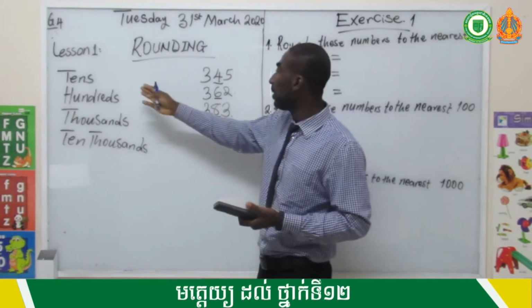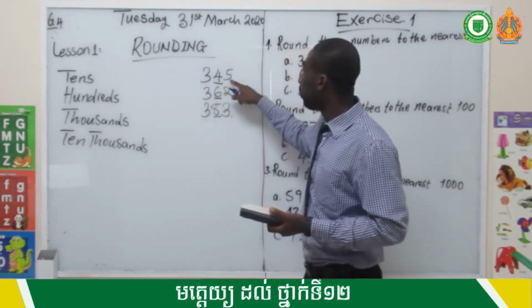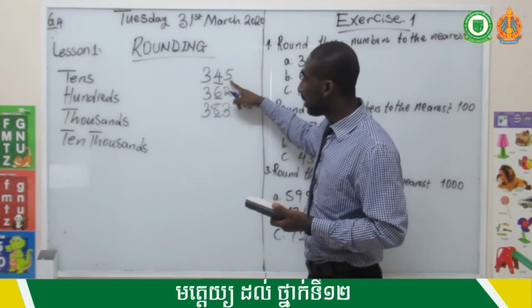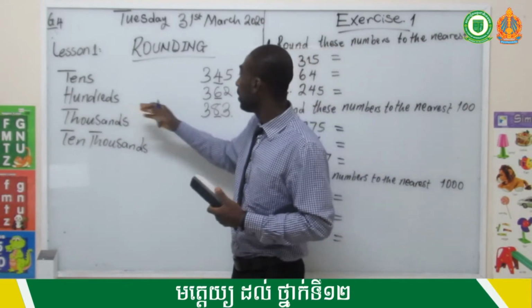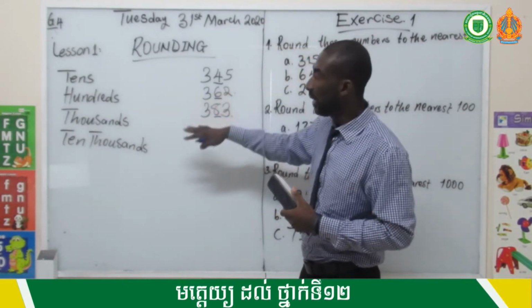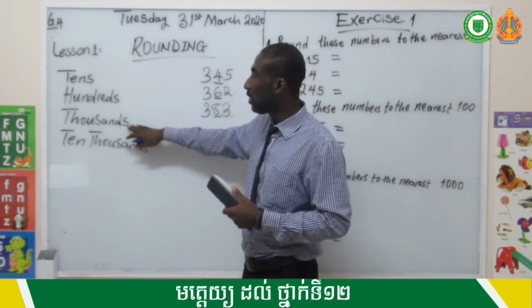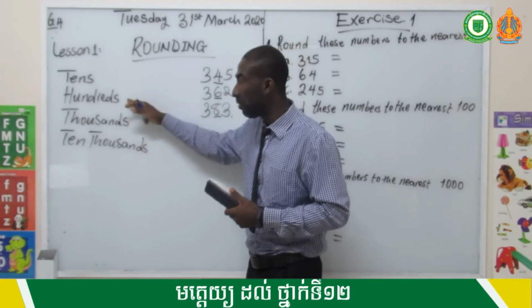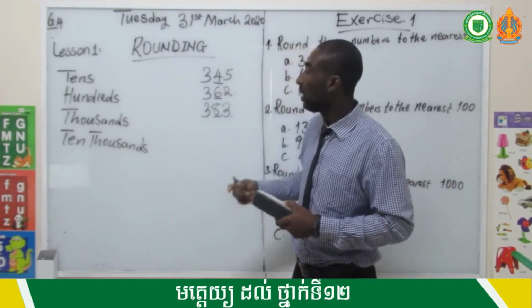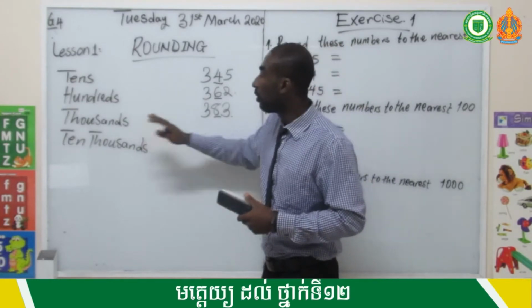So if you are doing tens, you have to put a consideration on your ones. If you are doing hundreds, you put an emphasis on your tens. If you are doing thousands, you put an emphasis on your hundreds. If you are doing 10,000, you put emphasis on your thousands.